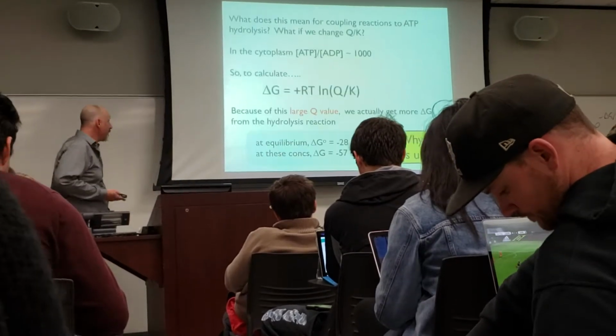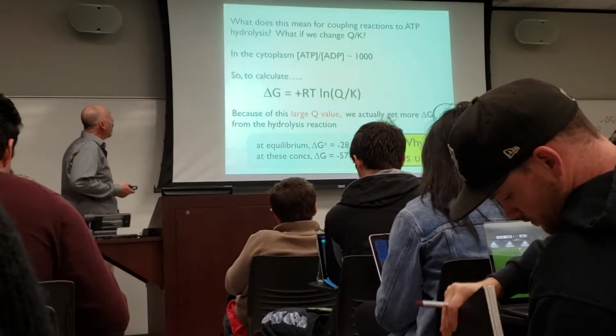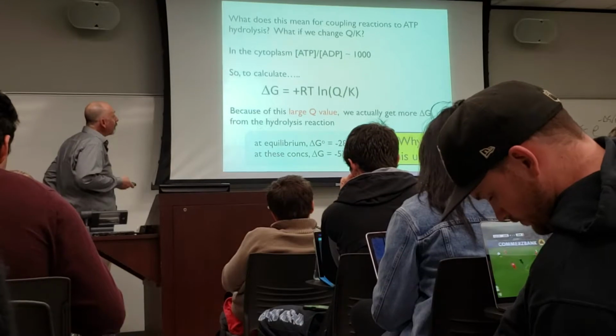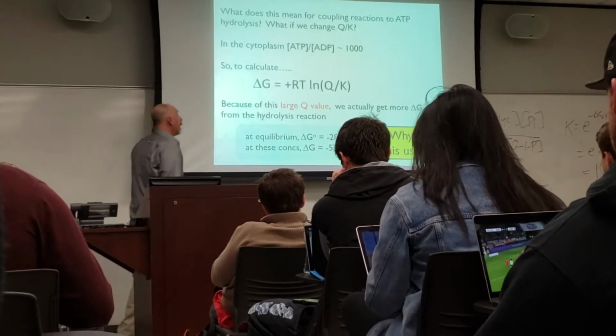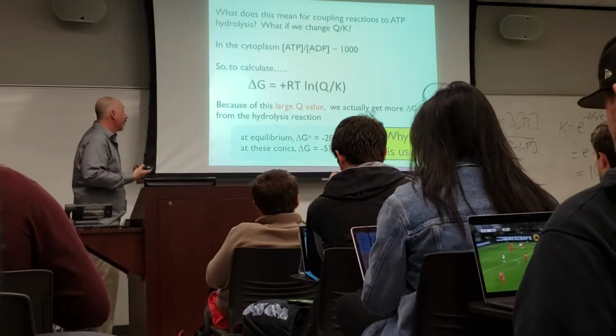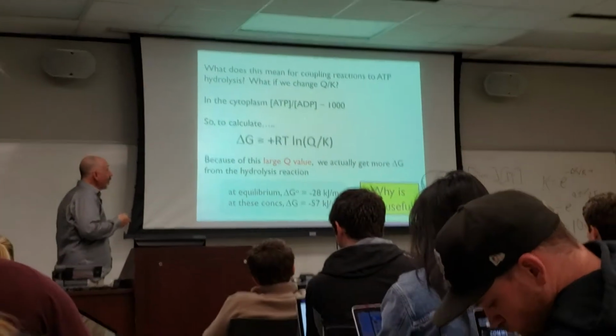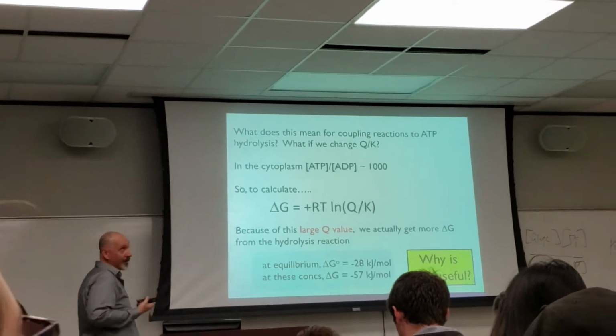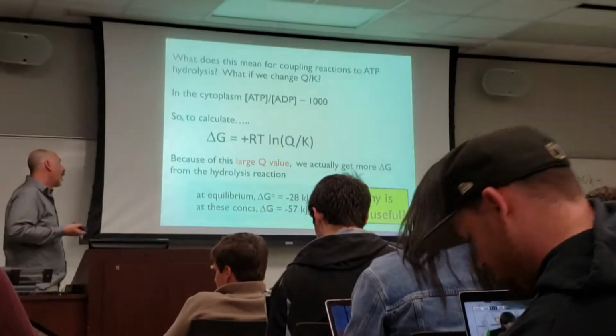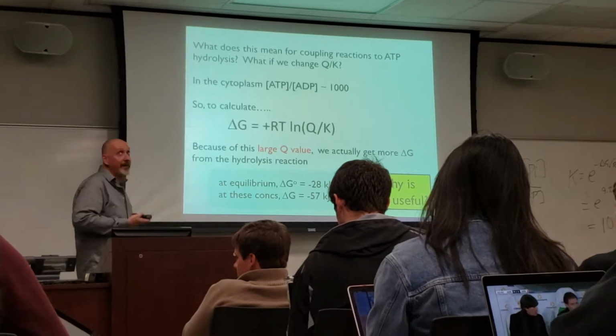ATP is a great example. If I'm coupling reactions to ATP hydrolysis, I can change Q and K. In the cytoplasm, for example, ATP over ADP concentrations are non-equilibrium. They're 1,000 to 1. There's a lot more ATP than ADP.